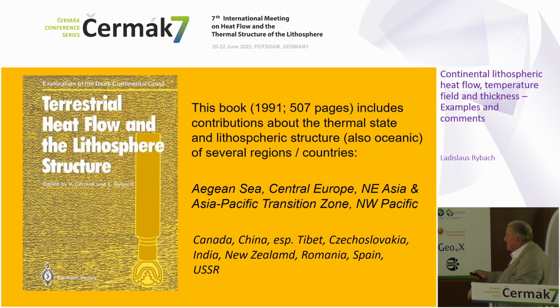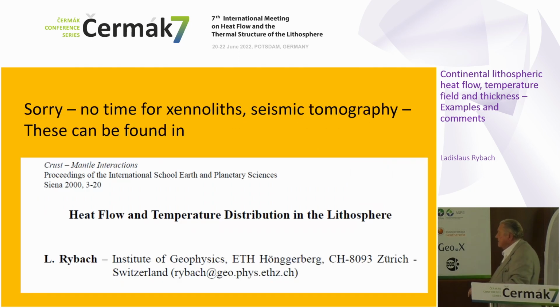They are examples of lithospheric structure and geothermics, Aegean Sea, Central Europe, Asia, Pacific, Canada, China, and so on and so on. So we are very fortunate already at this time having assembled all this information about the continental level.